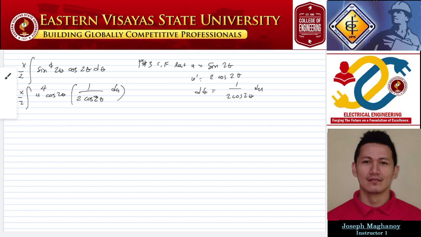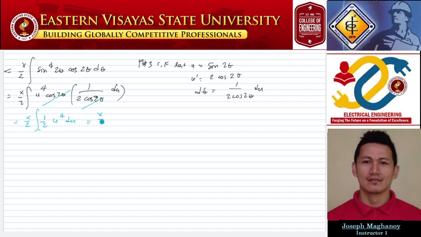We do some cancellation. So cosine 2 theta cancels, and the remaining is x over 2, the real number constant, times 1/2, u to the fourth du.